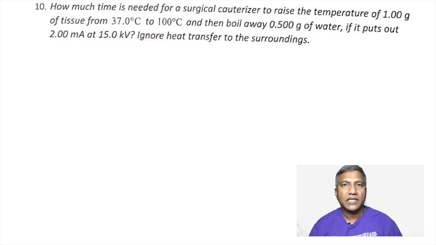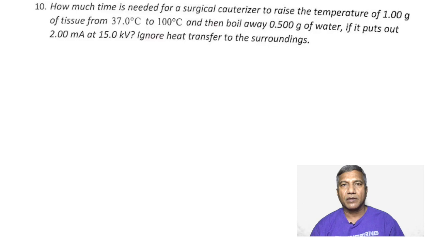So this is an electrical heating system. First of all, we need to see that it has to do two things. One, it has to raise the temperature of tissue from 37 to 100 degrees Celsius. And second, it has to boil away 0.5 grams of water.